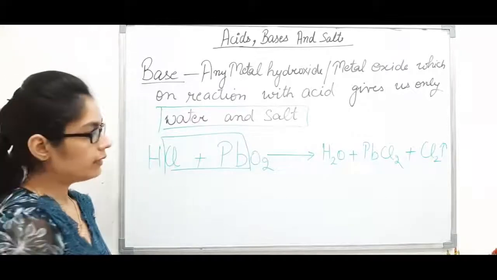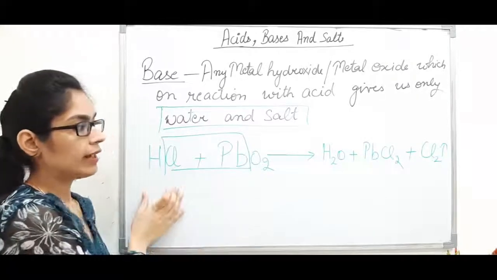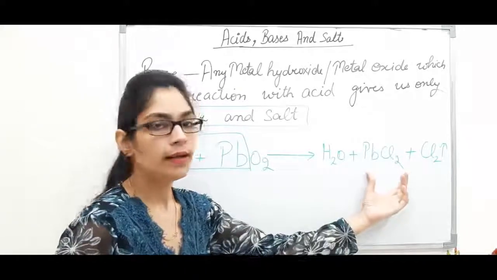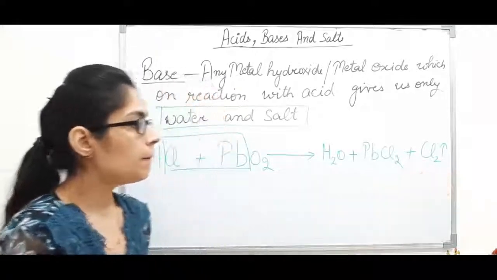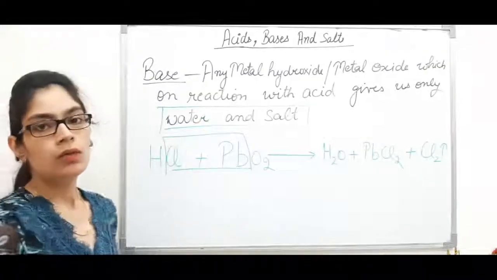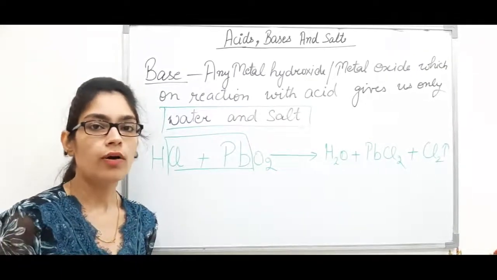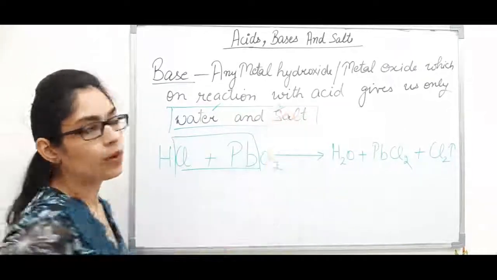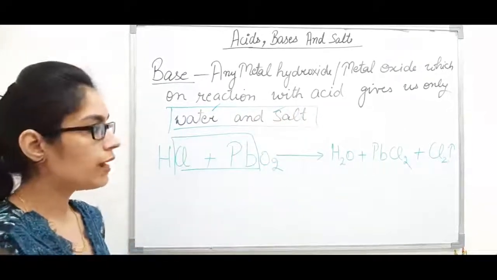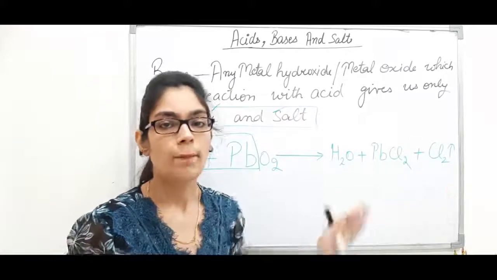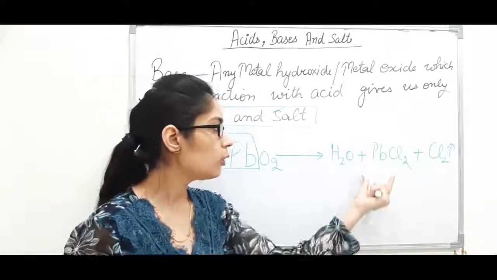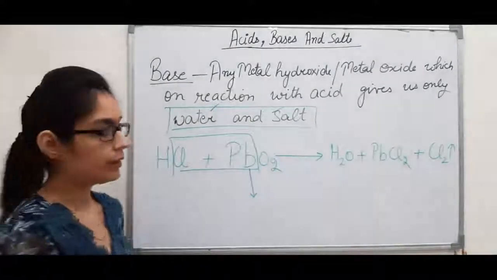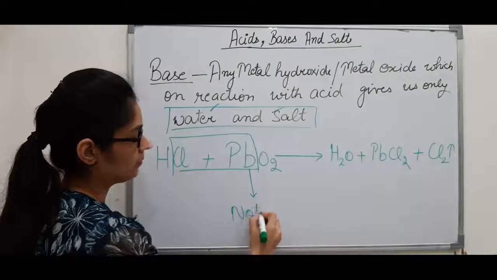When this metal oxide reacts with an acid, it gives three products: water, lead chloride and chlorine. But the definition says a metal hydroxide or oxide is a base only if it gives just these two products. Now we have got chlorine gas also apart from water and salt, which tells me this oxide of a metal is not a base.